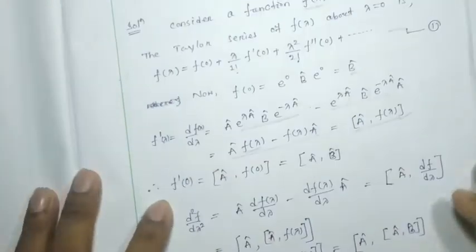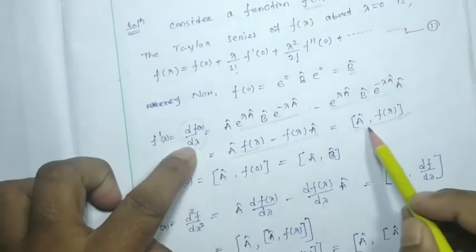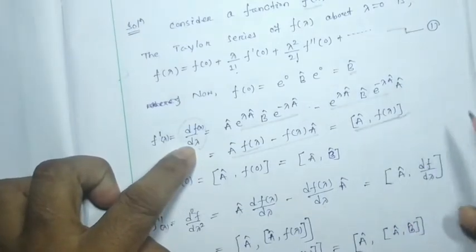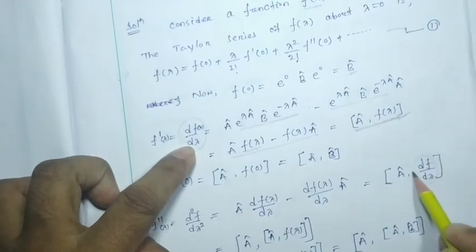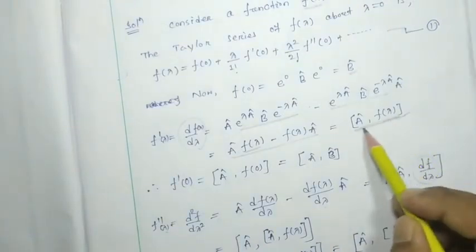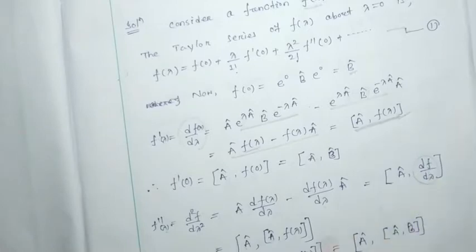Now, df by d lambda is nothing but A cap f lambda. I am going to put this over here. So df by d lambda is nothing but this much, and I put it over here, which means A cap comma A cap, commutation of f lambda, whole commutation.